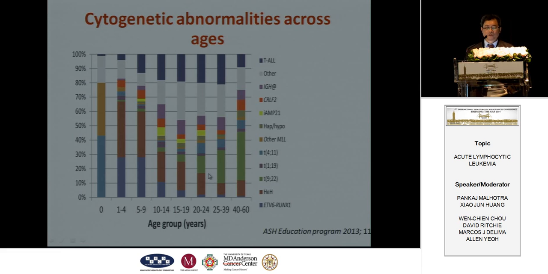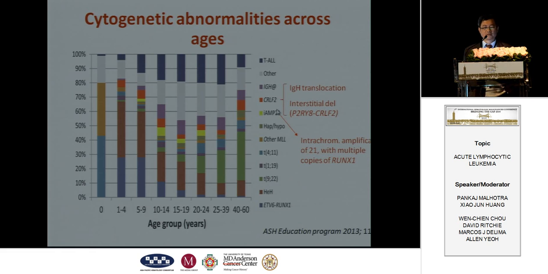And newly found chromosomal changes, such as intrachromosomal amplification of chromosome 21 with multiple copies of RUNX1, and also overexpression of CRLF2 related to translocation with the immunoglobulin heavy chain, or deletion resulting in fusion between P2RY8 and CRLF2, also occur in different age groups, but the incidence is relatively low.